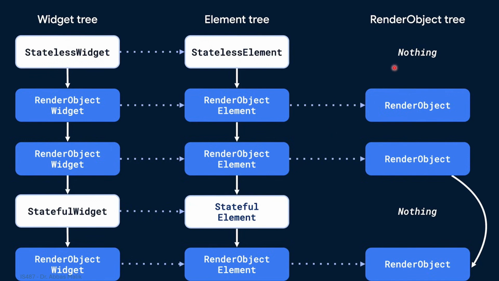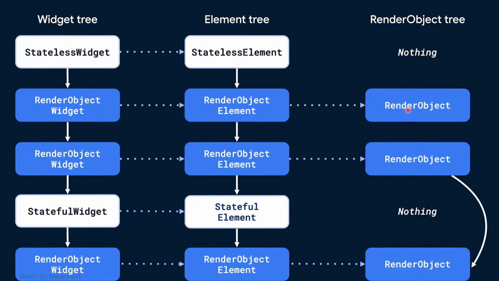On the other hand, in the render tree, a stateless element is not visible on the screen. Okay, so that's why it has no render object. For example, the column is combining multiple widgets in a vertical direction. So the column is more like a container which helps us to organize those widgets which are visible on the screen. The column will not have a render object, but the widgets which exist inside the column will be visible on the screen.